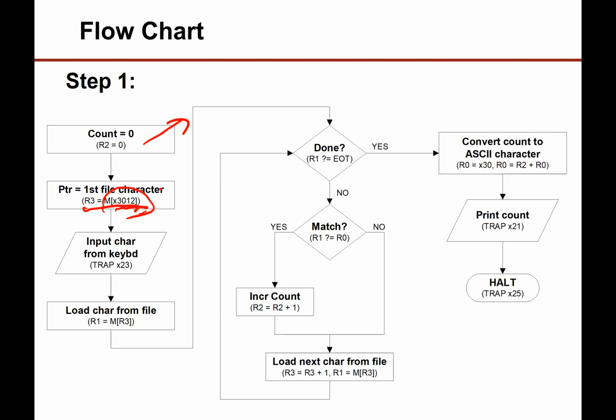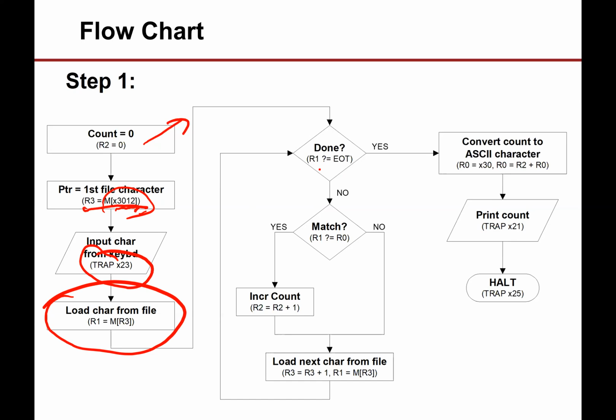Then you input a character from the keyboard. This one is using the trap x23. This means input a character from the keyboard, and then load a character from the file, one by one, right?